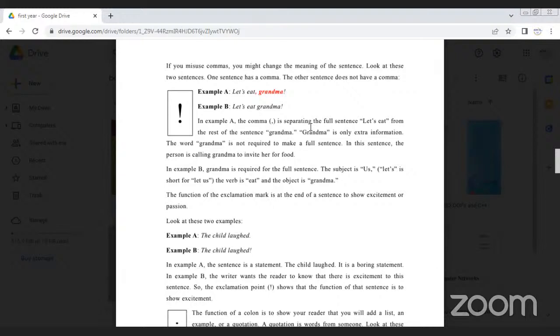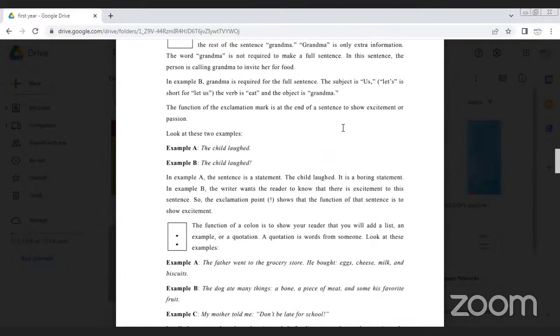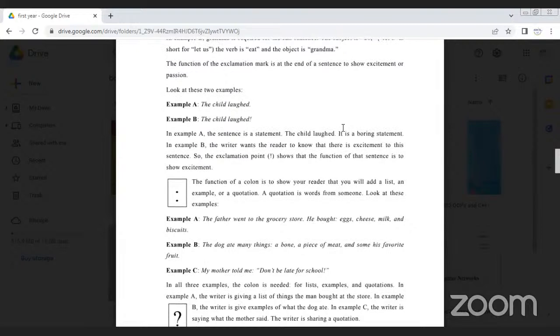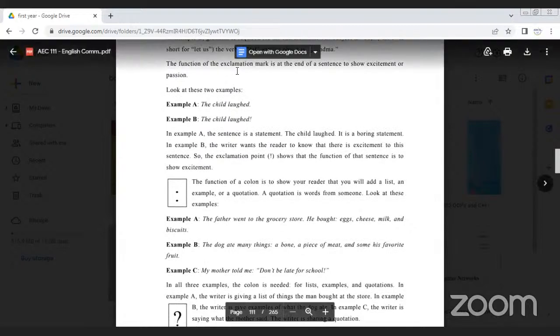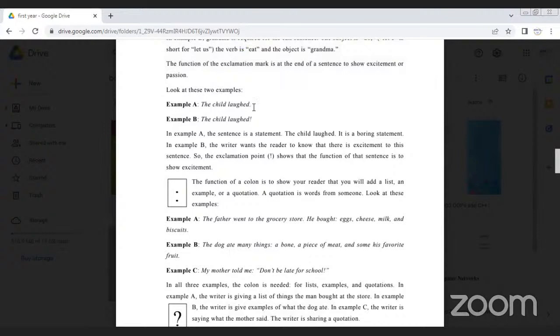The function of the exclamation mark, at the end of the sentence, is to show excitement or passion. Look at these two examples. Example A: the child laughed, full stop. Example B: the child laughed, exclamation mark.